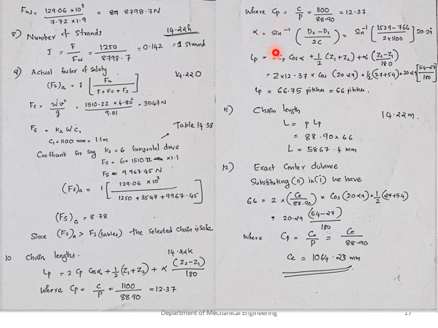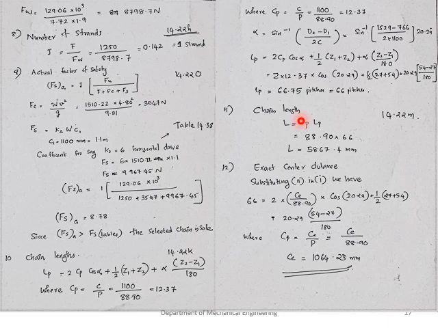Then substitute this Cp and alpha value here, and find the length of chain in terms of pitch. You will be getting 66 pitches, and then find the length of the chain using this equation, L is equal to P into Lp.